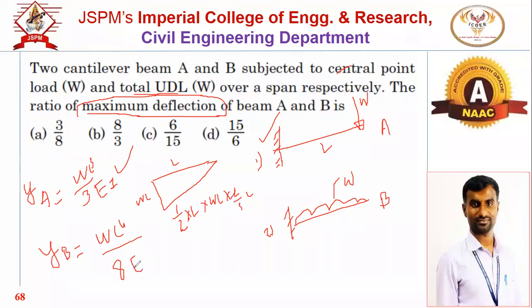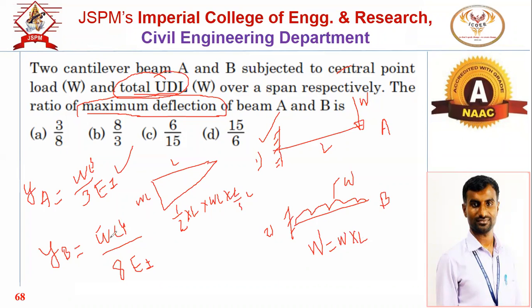Now see the MCQ. See what they have given. If it is WL raised to 4, then this W is nothing but the intensity of UDL. But what they have mentioned is total UDL. So that total UDL W is nothing but the intensity of UDL into the span, WL.